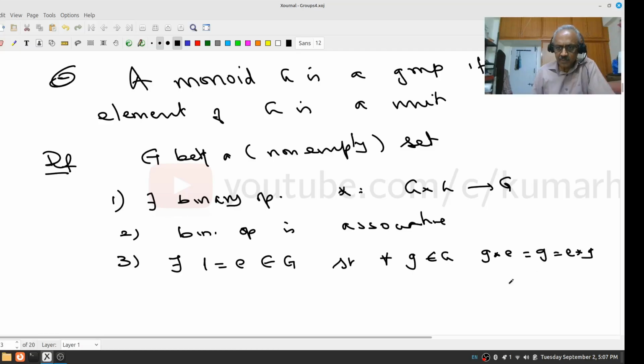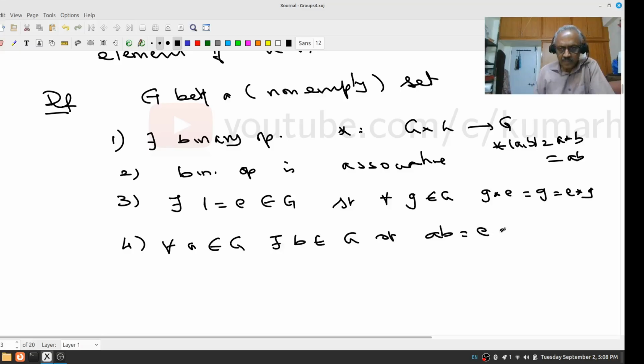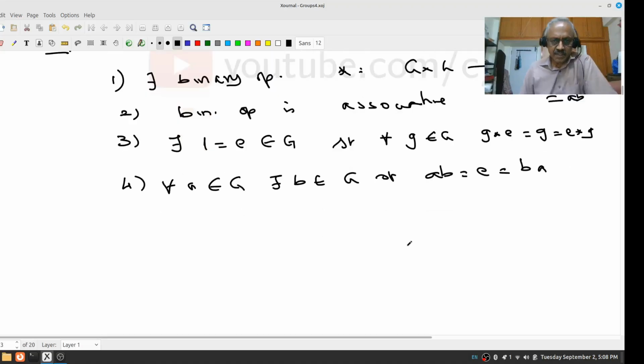Hereafter, we will write only AB instead of A star B. The next, fourth, condition is that for every A in G, there exists a B in G so that AB equals identity equals BA. Is that okay? And we had already proved a lot of things.